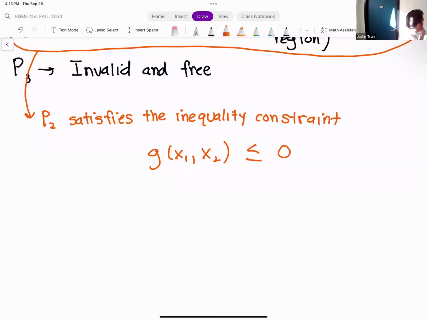If we have a point that's bound, like P2, P2 will satisfy this inequality constraint, but it does so in the equality form, right? And so it's almost as if this constraint is an equality constraint when that constraint is binding.